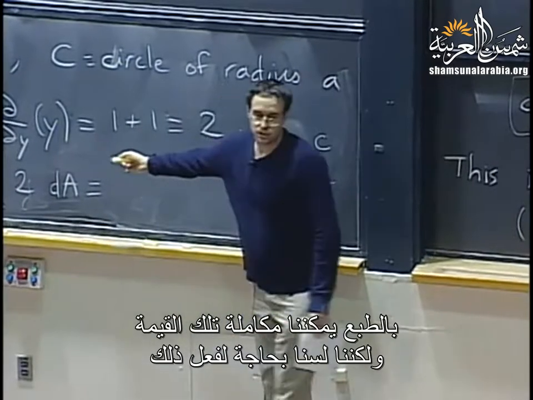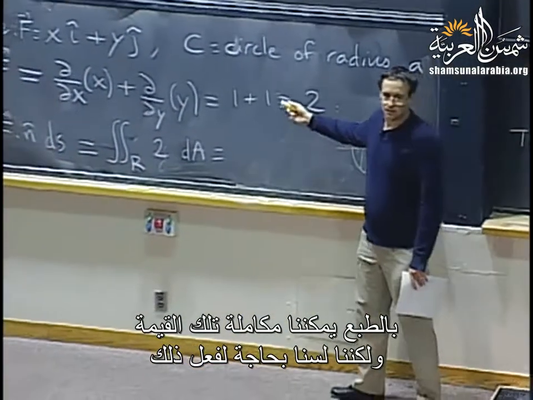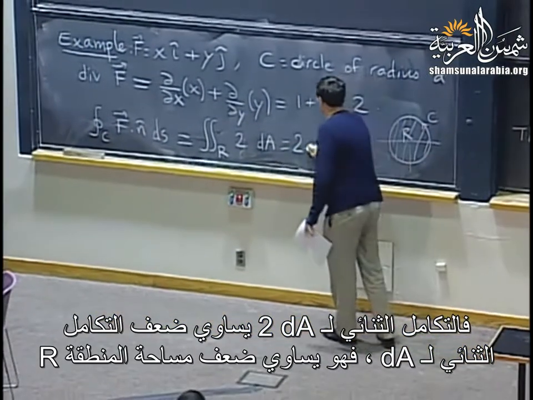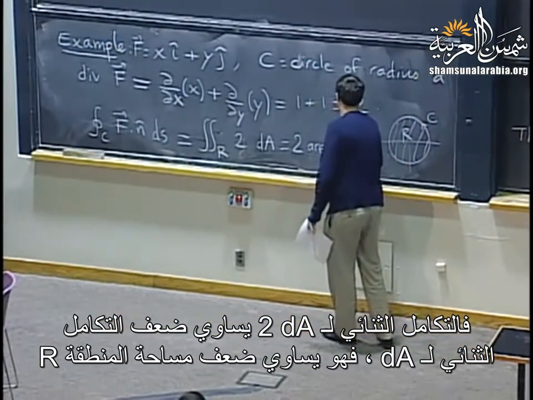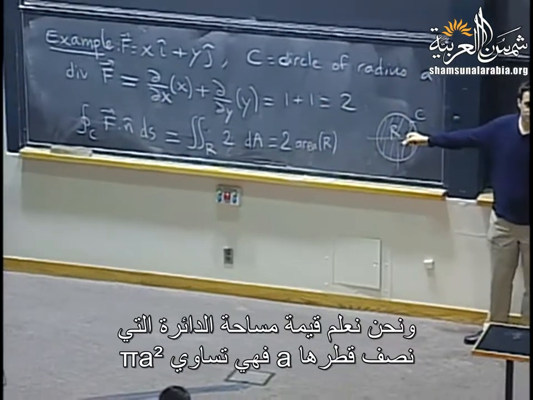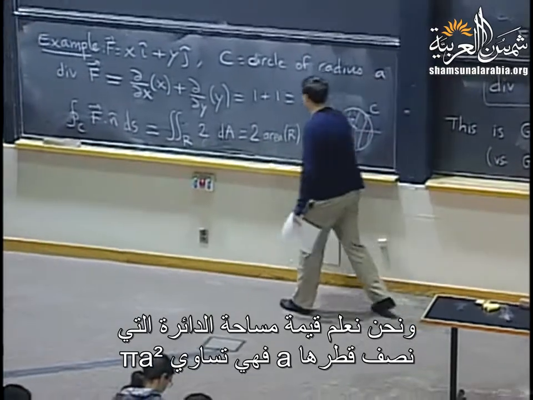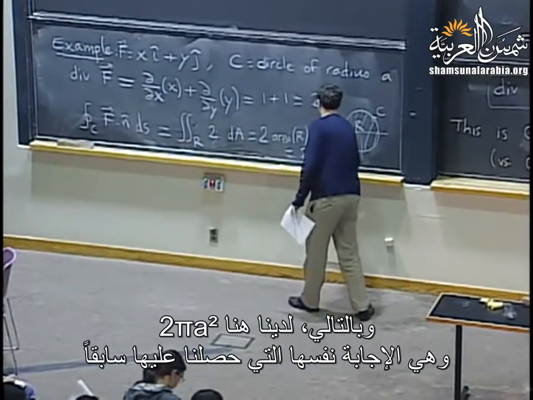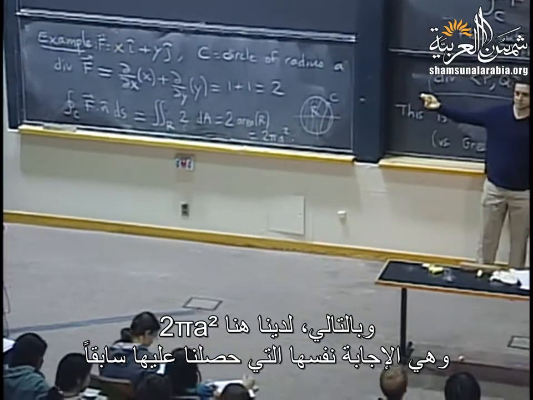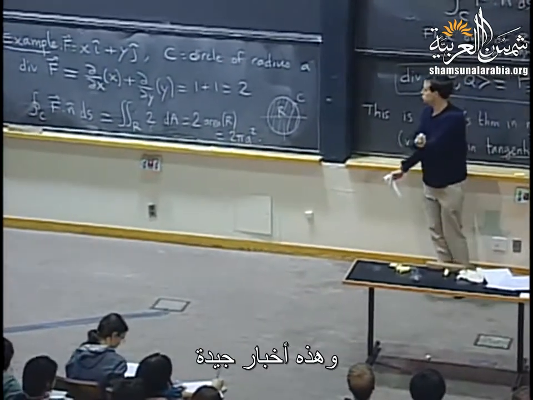We could compute it, but we don't have to, because the double integral of 2 dA is just twice the area of R, and the area of a circle of radius a is pi a squared. So that's 2 pi a squared. That's the same answer that we got directly, which is good news.